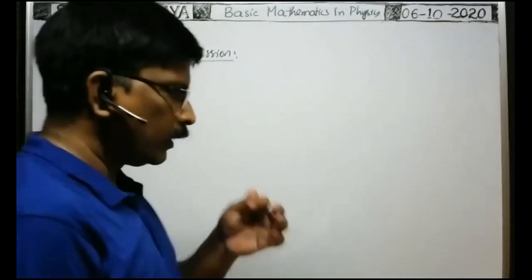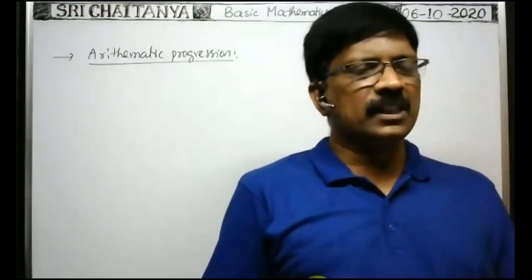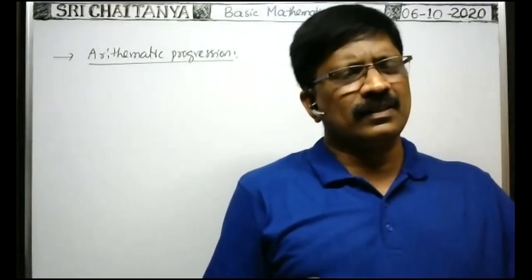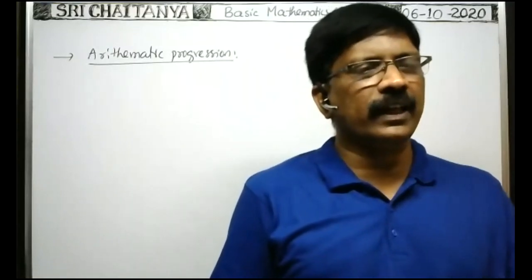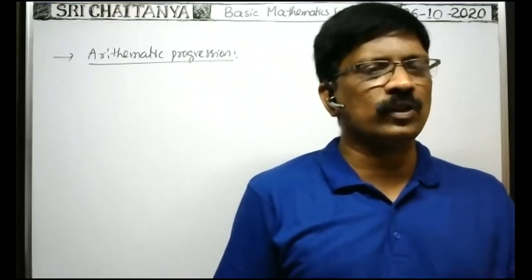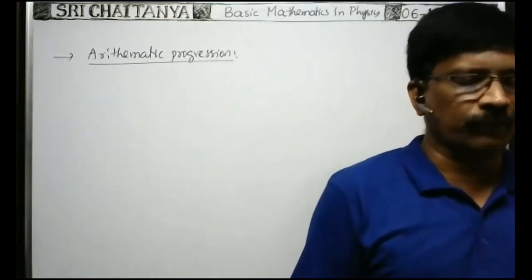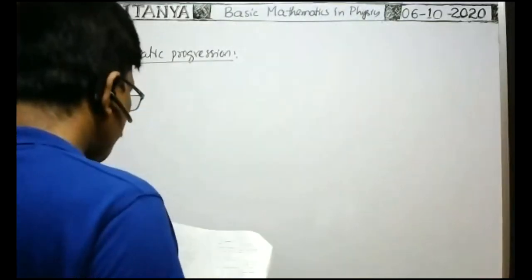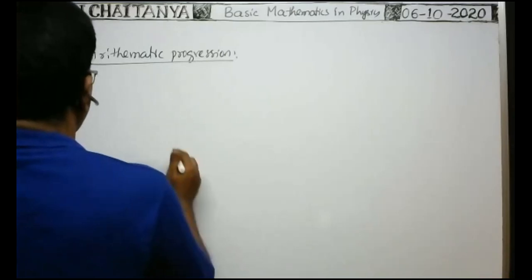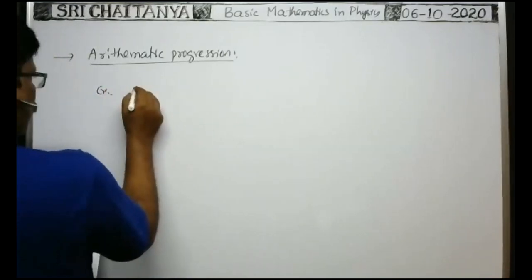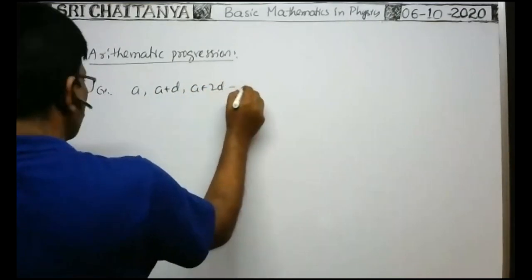Arithmetic progression. Suppose a series of numbers is given, such that the difference between any two successive terms remains the same, then they are said to be in arithmetic progression. For example, a, a plus d, a plus 2d, and so on.